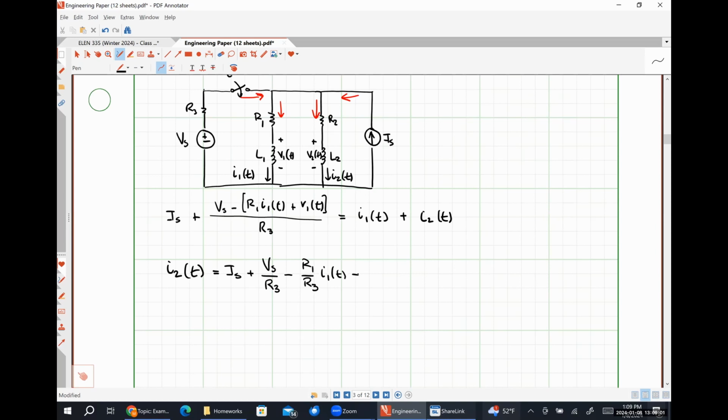We know that we can express V1 in terms of I1, so that's going to be L over R3 I1. And then I'll also have a minus I1 term from moving this guy to the other side of the equal sign. Because the algebra is so critical here, have I made any mistakes with my substitutions or moving anything around? Isaiah, yes, sir.